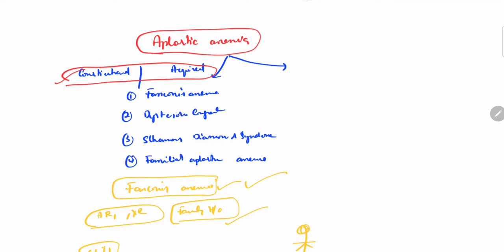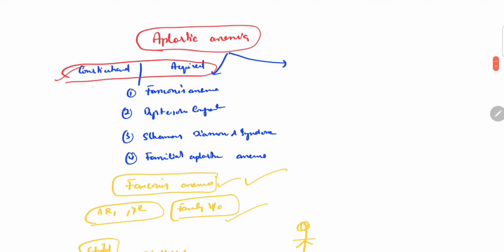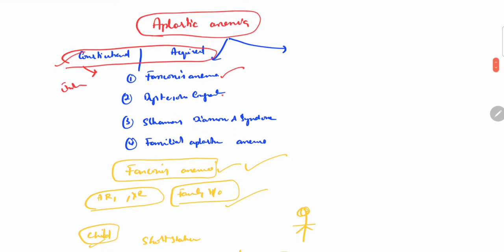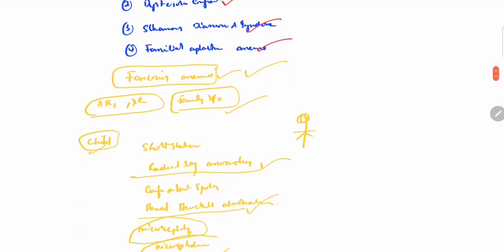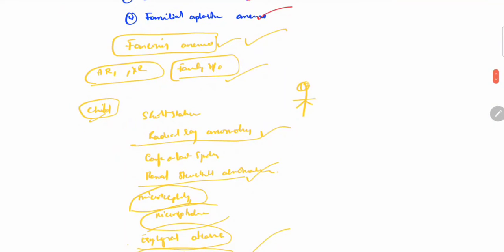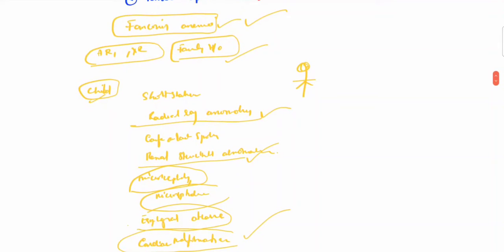Constitutional or inherited causes of aplastic anemia are Fanconi's anemia, dyskeratosis congenita, Shwachman-Diamond syndrome, familial aplastic anemia. So let's revise Fanconi's anemia. Fanconi's anemia is an autosomal recessive disorder.